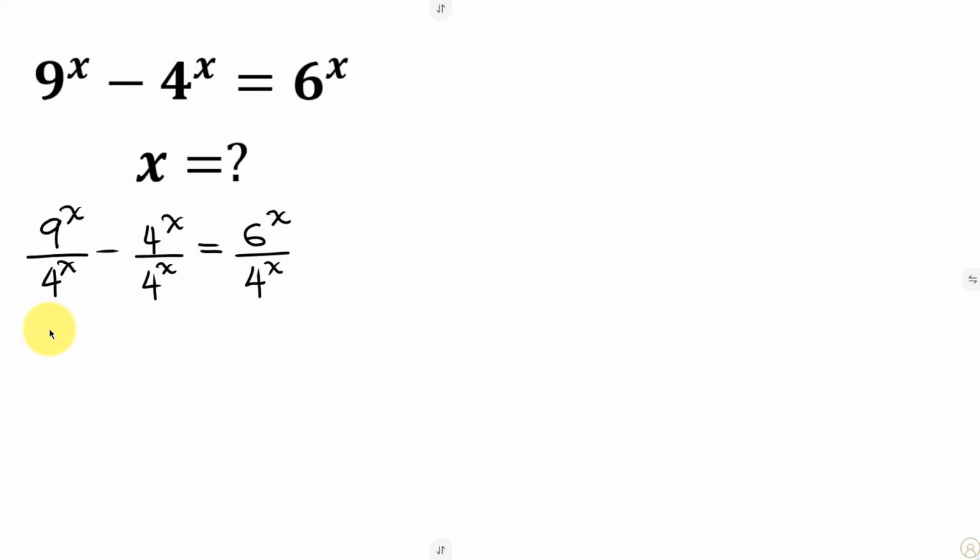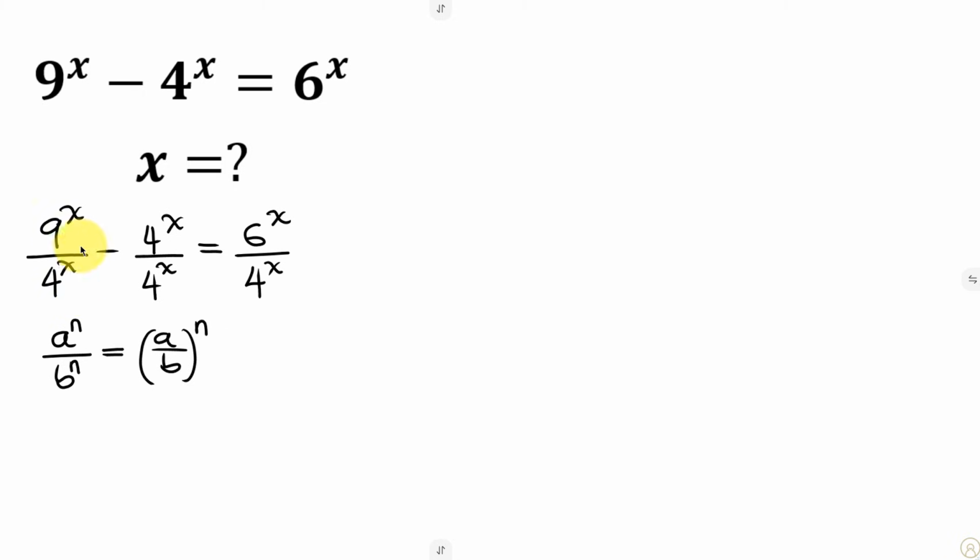Now our next step will be for us to apply the law of indices that says when I have a to the power of n divided by b to the power of n, this can be written as a over b all raised to the common power of n. So I'm going to be applying that here.